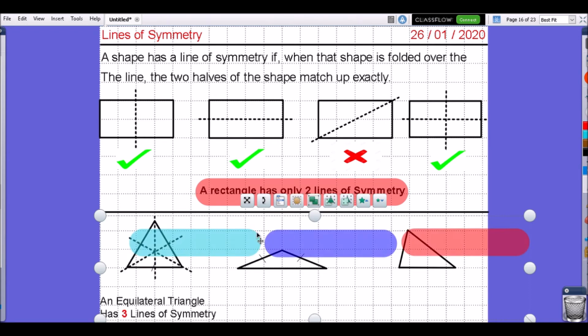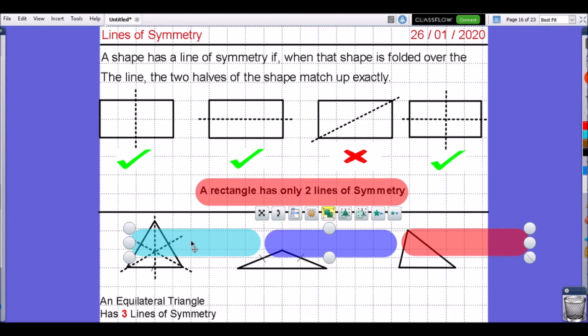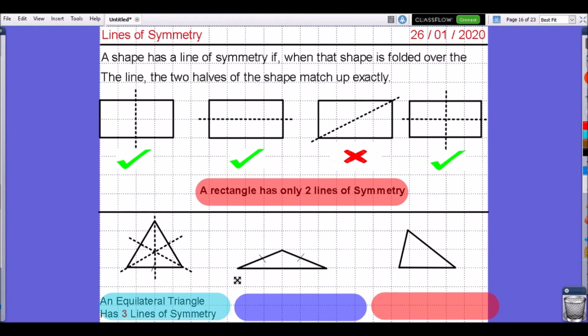Alright, so how can we draw them? You can draw the 3 lines of symmetry because you will be asked to draw the lines of symmetry on a shape. If it's a rectangle, for example, we agreed here in the middle vertical and here also horizontal, and there is no other way. In the triangle, you just take it from the 3 angles that you have, the 3 vertices.